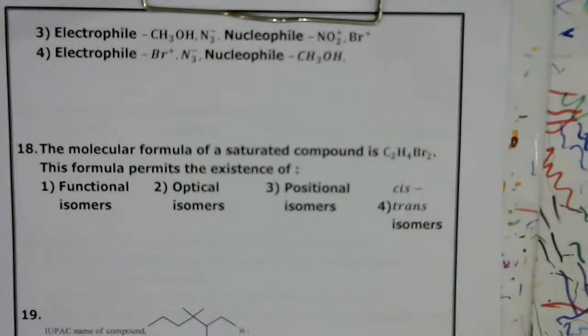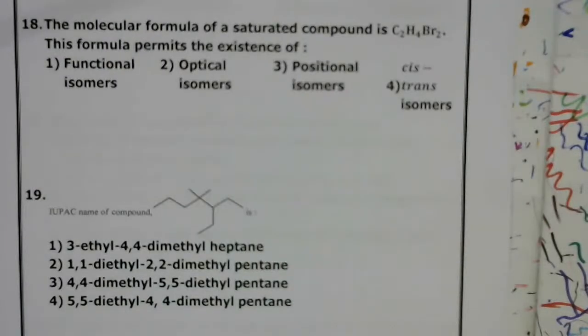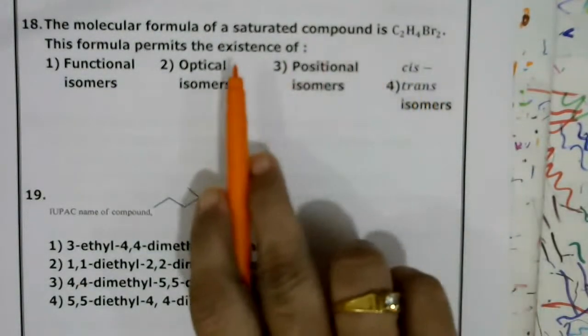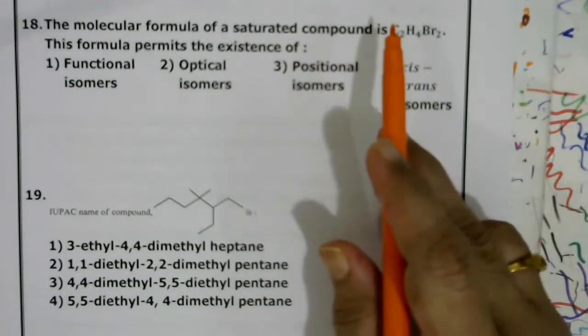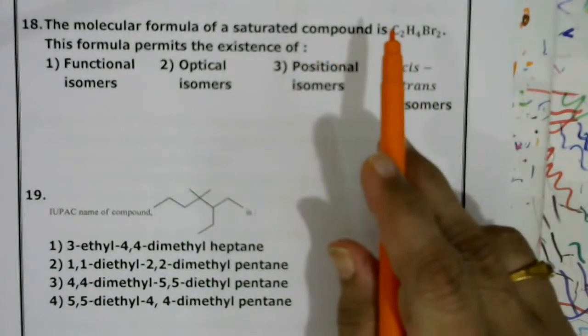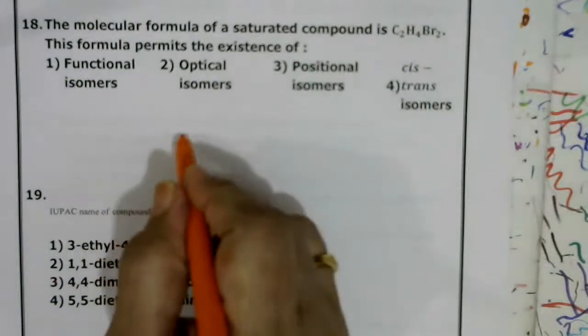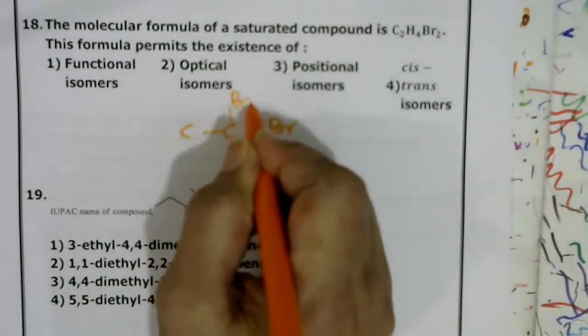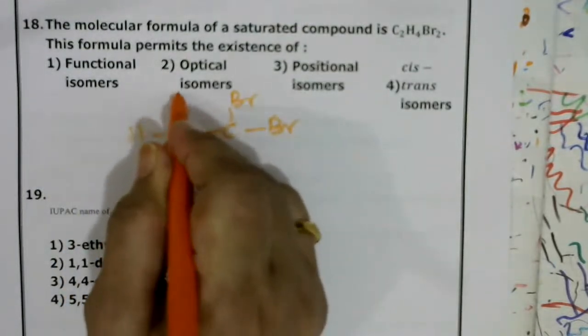Okay. Number 18. The molecular formula of a saturated hydrocarbon is what? We can say that it will be like C2H4Br2. The formula exists: C2H4Br2. 2 Br are there, 4 hydrogen. Correct?